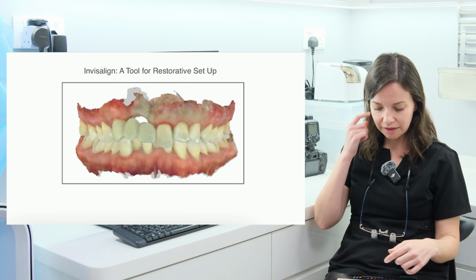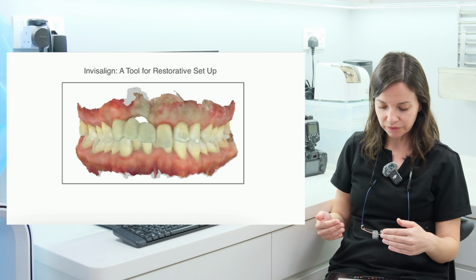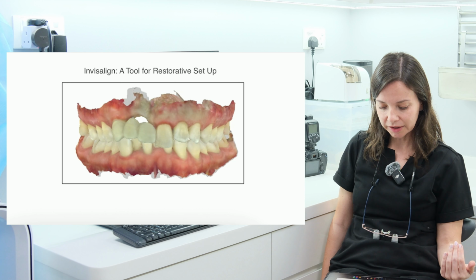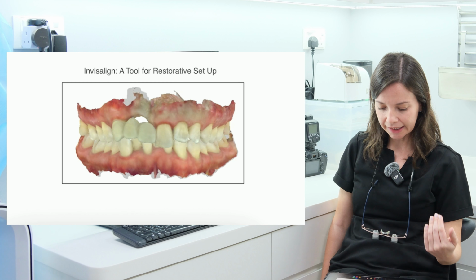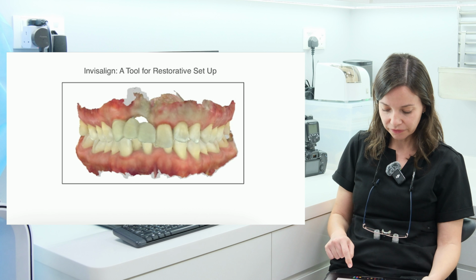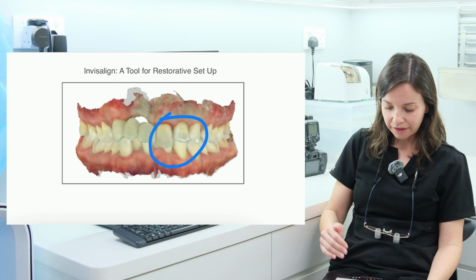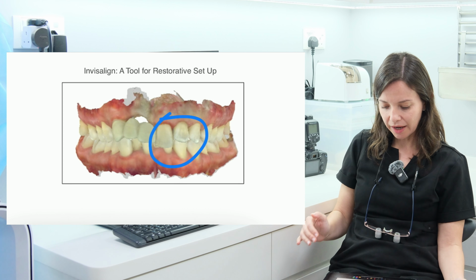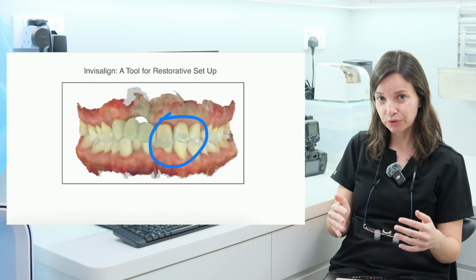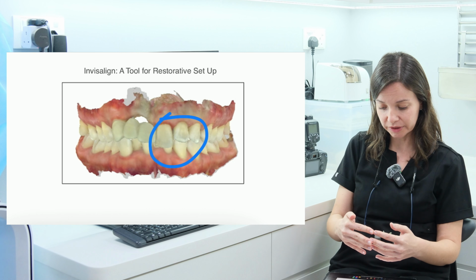Moving on, this is a very complex case where unfortunately the patient had a previous implant in the front that failed and unfortunately lost a lot of bone in the front, but also the front teeth here collapsed. And what happened was she was basically almost biting into the roof of her mouth with her lower teeth.